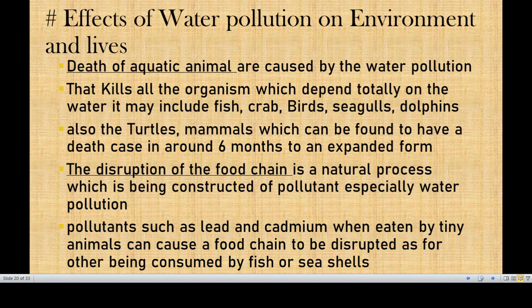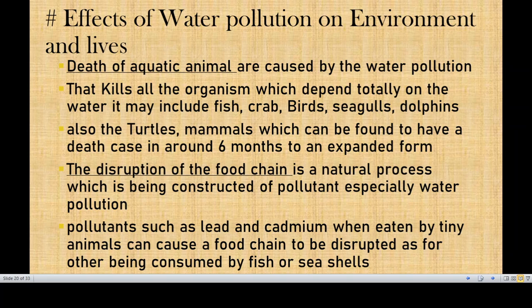At some point it can also be seen in turtles and mammals, which completely depend upon the water for their food products. That means these animals depend on the water only for their food and their life.